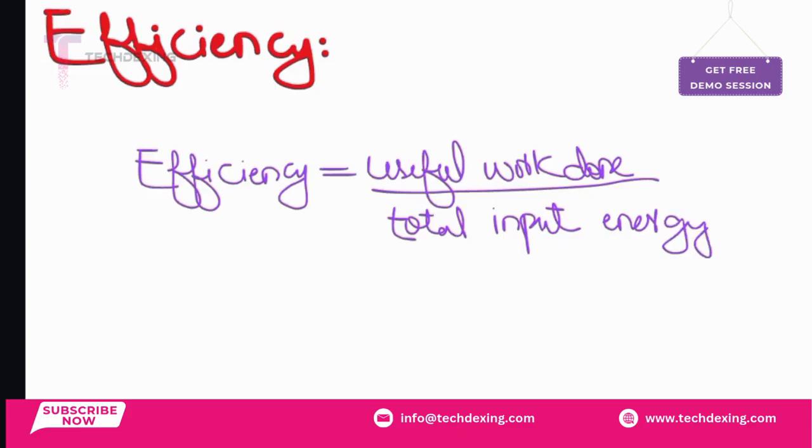So basically, as you see from the formula, efficiency is a ratio of the useful work done to the total input energy. Or in the most simple words, efficiency is equal to output divided by input.